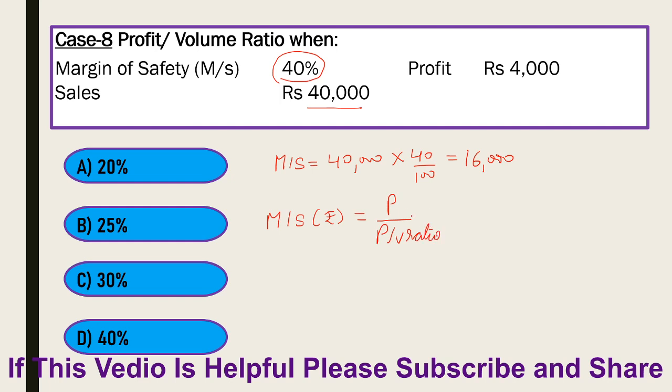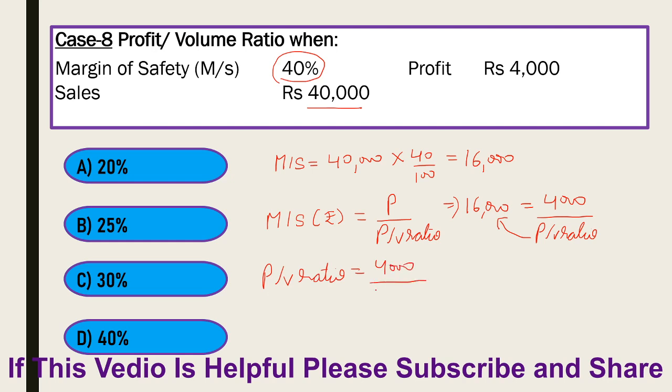When we put these values here, our margin of safety is 16,000, profit is 4,000 divided by PV ratio. When we transfer this, our profit volume ratio here is 4,000 divided by 16,000 into 100. So our profit volume ratio here is 25%, which is option number B.